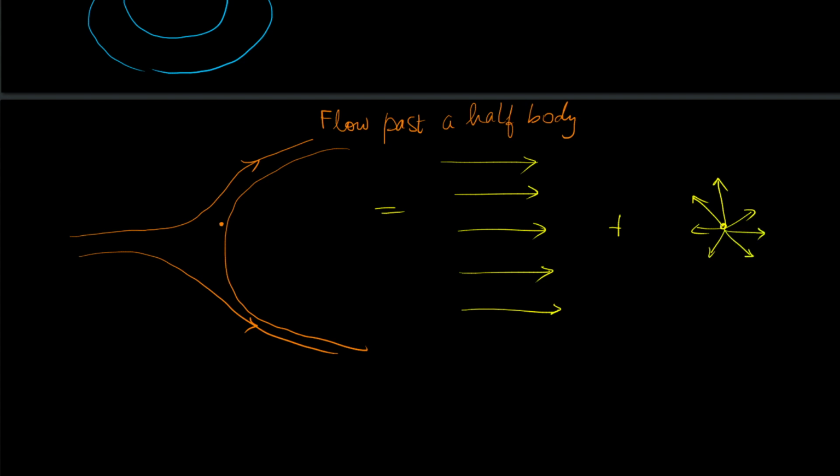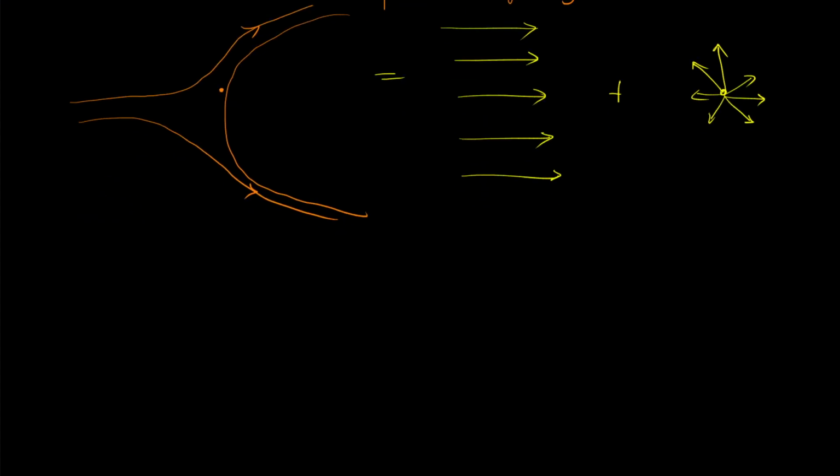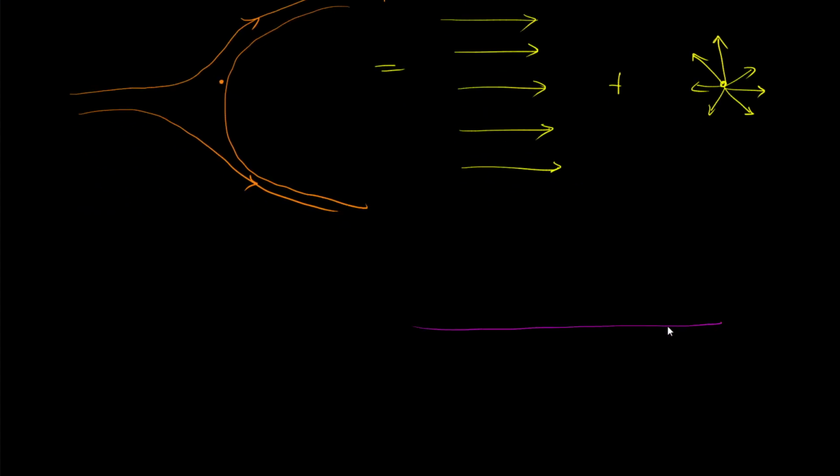Now you can imagine when you combine these two, let us say this is the axis, this is the point where there is a mass source, and you have a uniform flow like this. So the outcoming flux from this point will interact with this uniform flow, and it will cause this uniform flow to deviate.